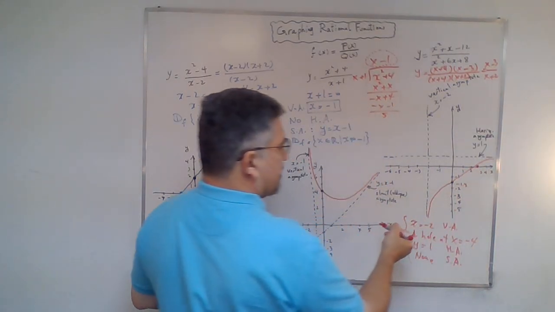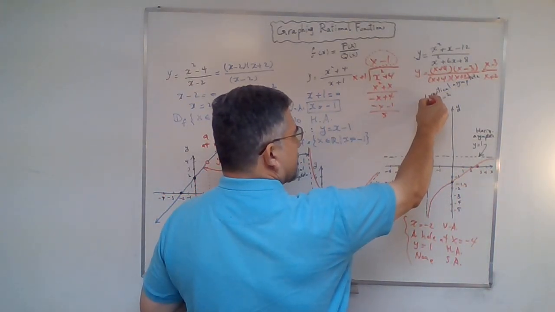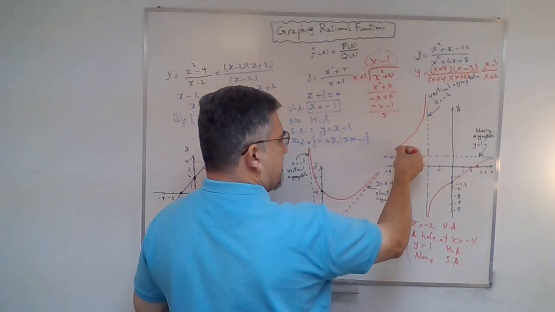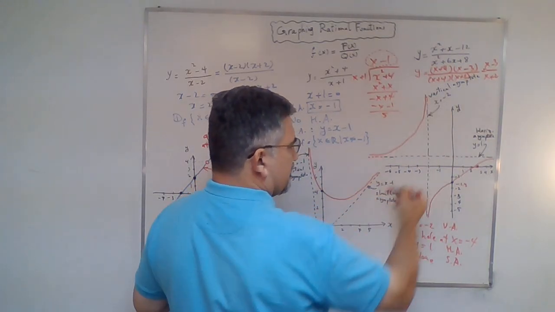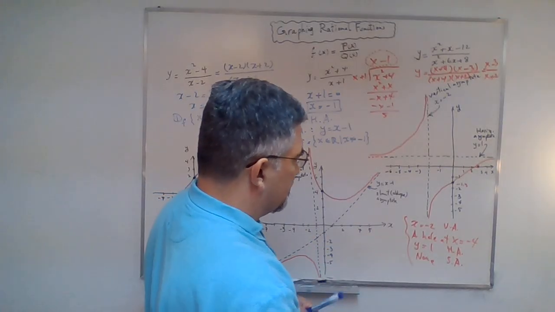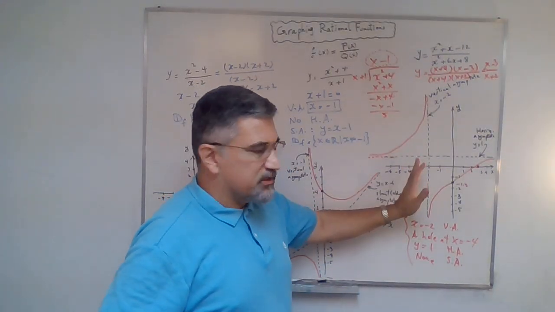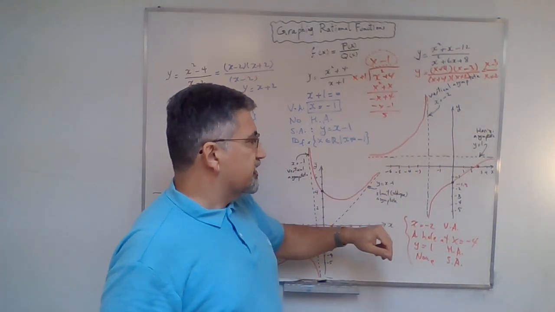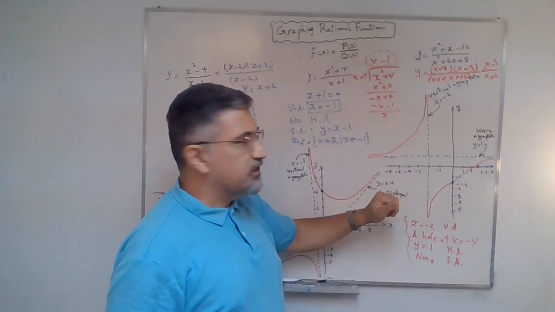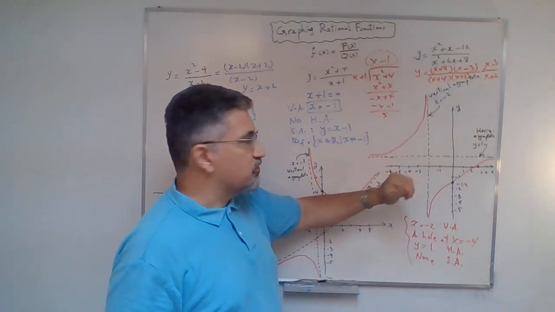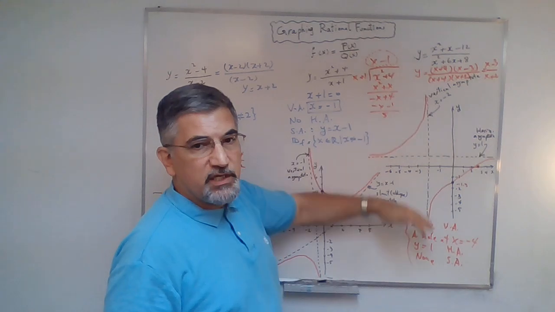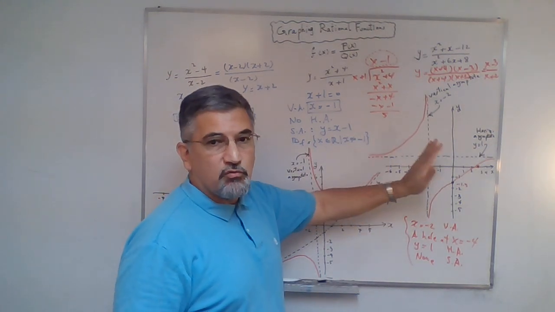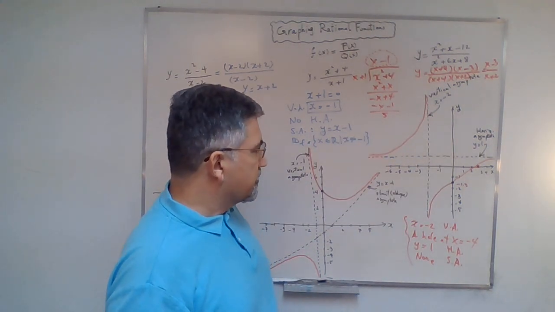Okay, and the other branch would be something like this. So that's how the graph will look like on either side. Again, just like in the past, you can perform an analysis for the behavior of the graph at the vicinity of its vertical asymptote x equals negative 2 to figure out if y approaches positive infinity or negative infinity on the left-hand side or right-hand side of the vertical asymptote.